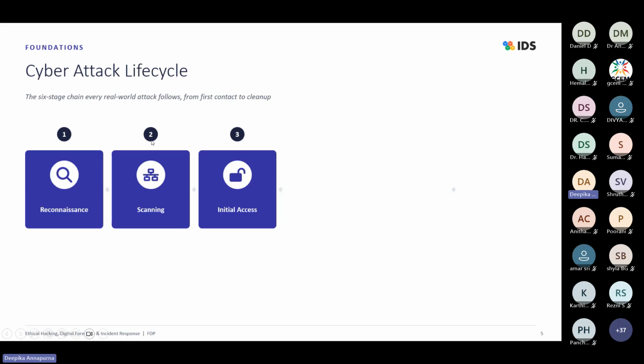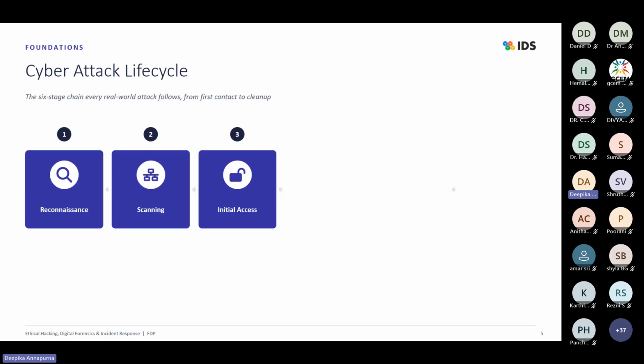The third thing is initial access. The vulnerability is identified in the second stage. Okay, he found some weakness. What will he do in the next step? The attacker will attempt to gain access. Let's say a weak password. He will try to steal the credentials, or he will try to send a phishing email.